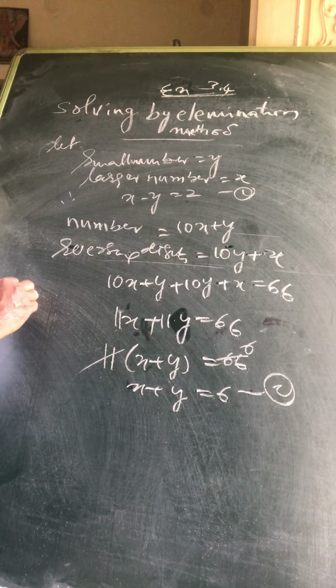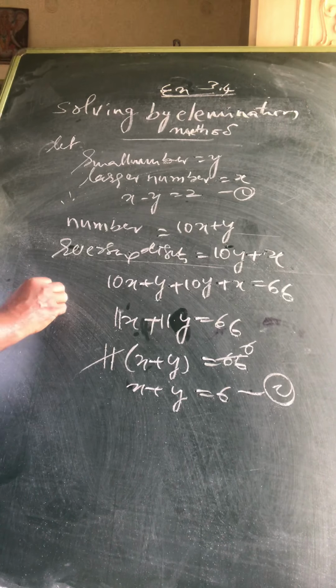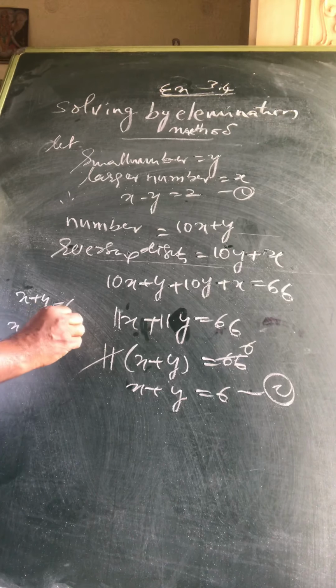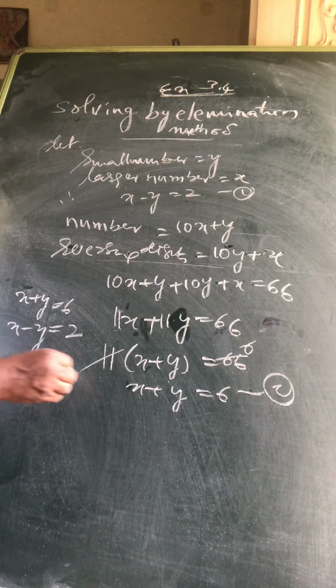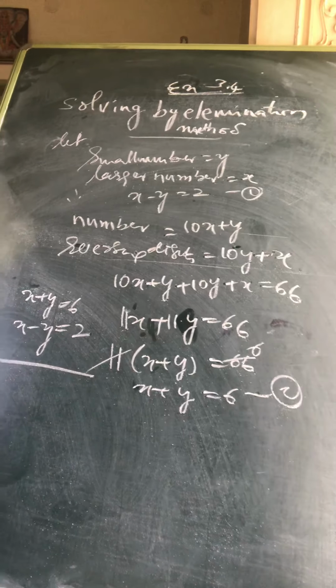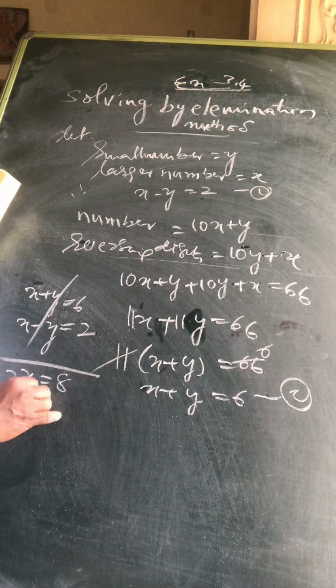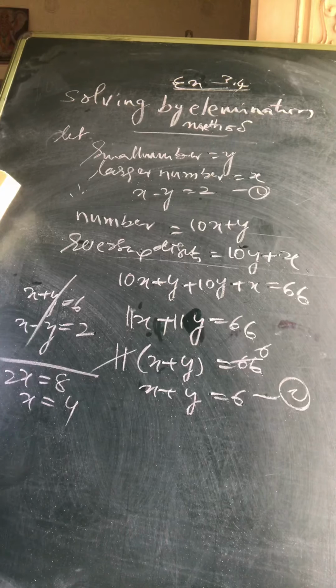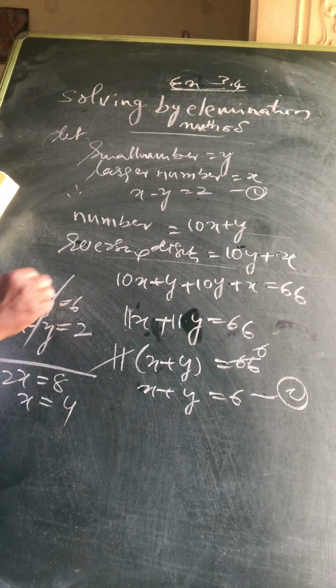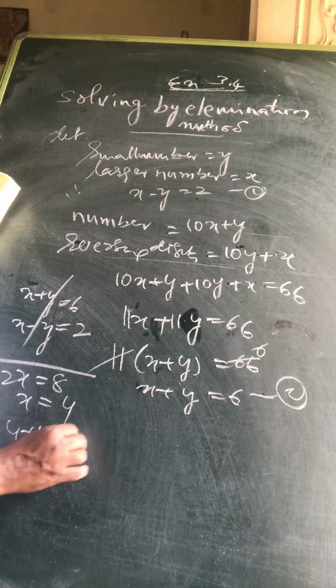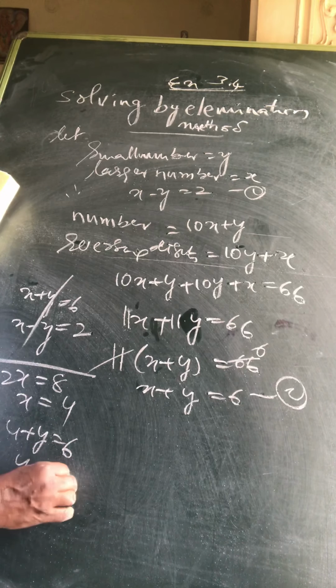See here, x plus y is equal to 6, x minus y is equal to 2. By solving these two, plus y and minus y will be cancelled, x plus x, 2x is equal to 8, x is equal to 4. Substitute this x is equal to 4 in any one of the equations. So 4 plus y is equal to 6, y is equal to 2.